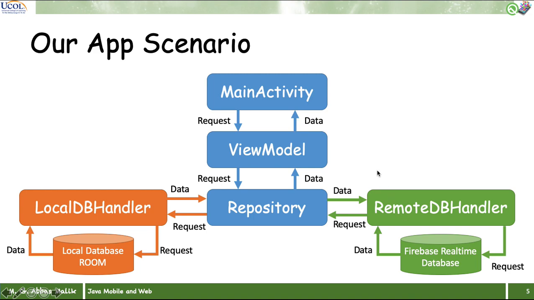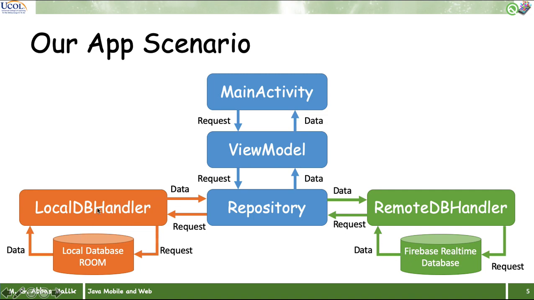So this is our user interface, this is our view model, and then we have the repository, which is responsible for controlling different models. We have a remote database handler, a remote database model, which we connect with our Firebase real-time database, getting data from it or updating data inside it.